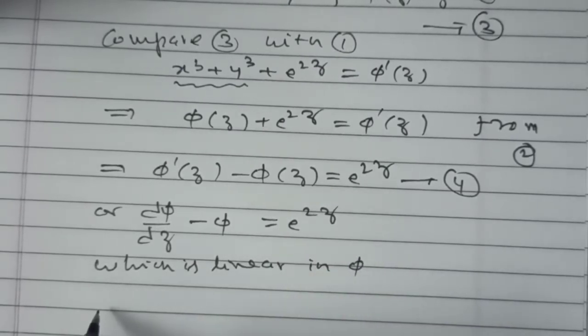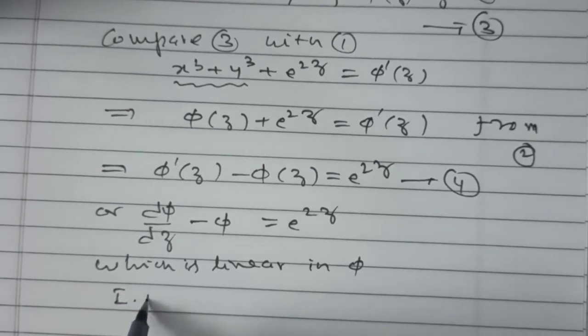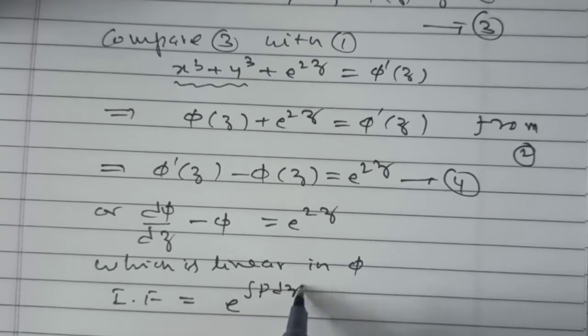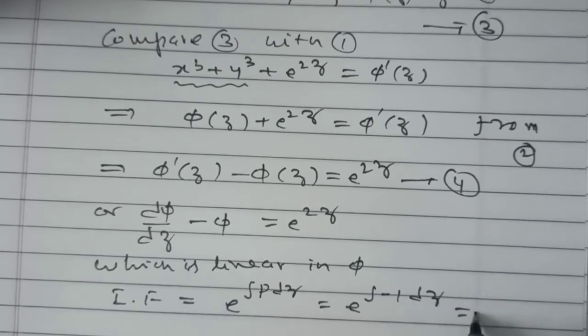So the integrating factor is e to the power of integral P dz, which is e to the power of integral minus 1 dz, is equal to e power minus z.